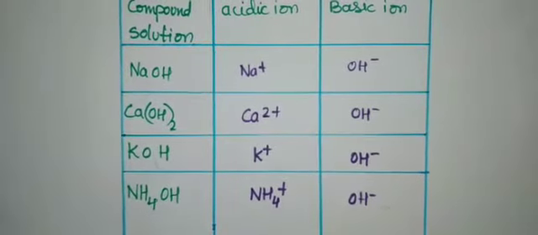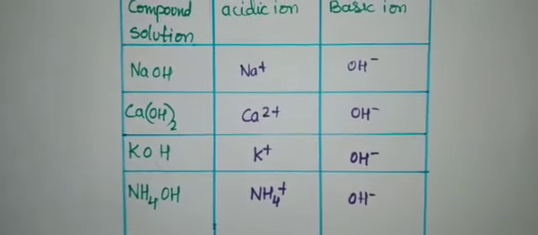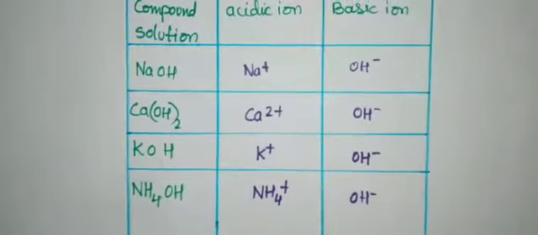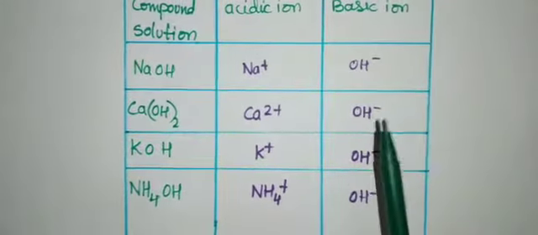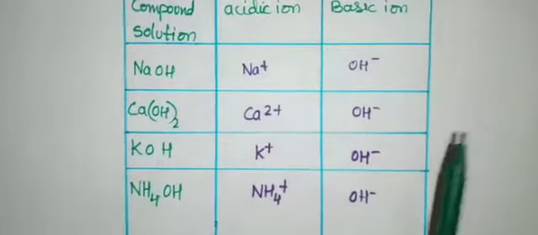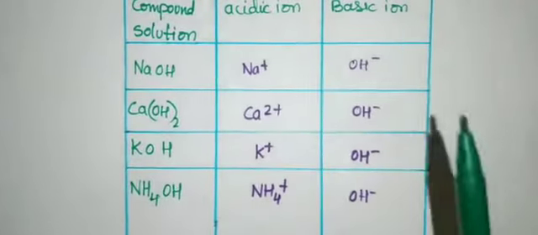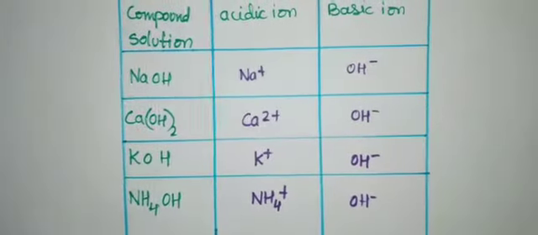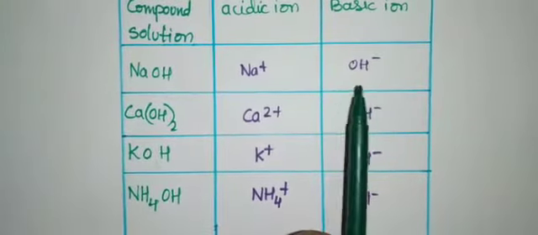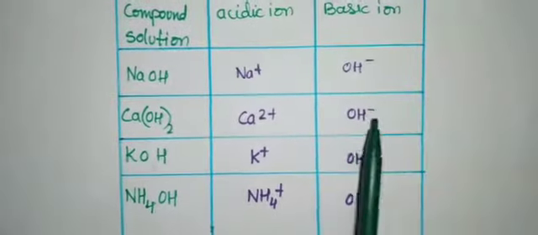OH minus is common in all these solutions. So this suggests that bases produce hydroxide ions in the solution, which is responsible for their basic property. So why is the solution basic? Because of the presence of OH minus ions in it.